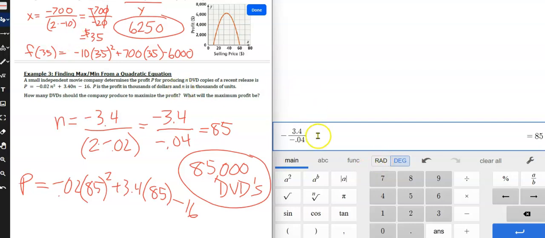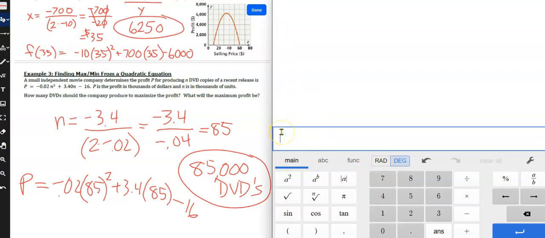Okay, so come back over to my calculator. Negative 0.02, make sure that says negative 0.02, parenthesis, 85 squared plus 3.4 times 85 and a minus 16, so 128.5.